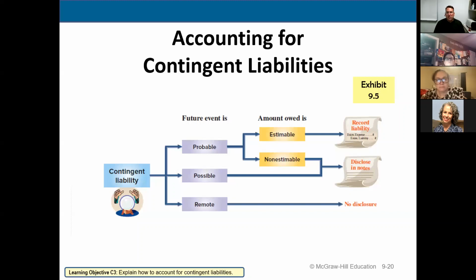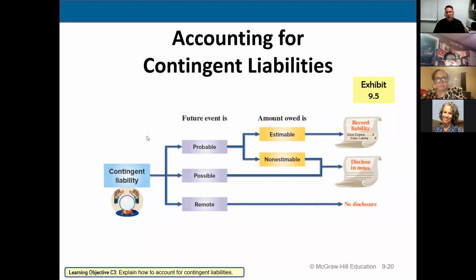The lawyers are going to tell you it's either remote, like this is a frivolous case and there's a really high chance it'll be tossed out, that it's possible, or that it's probable. And then if it's probable, is it estimable, like we can tell about how much we're going to have to pay, or non-estimable, we just don't know yet.